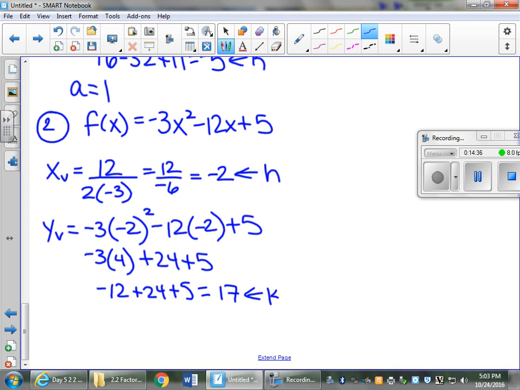That's my k. a value shouldn't change, so my a value should stay a negative 3. Therefore, my function in vertex form is going to be negative 3, x minus h. When you do x minus negative 2, you're going to get positive 2 squared, and then plus k.